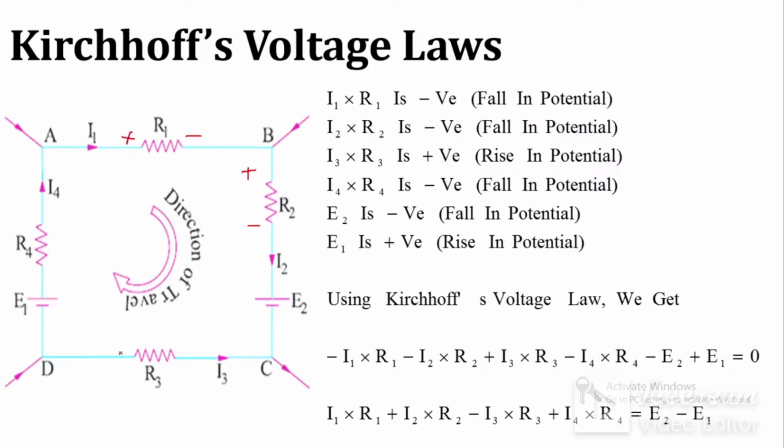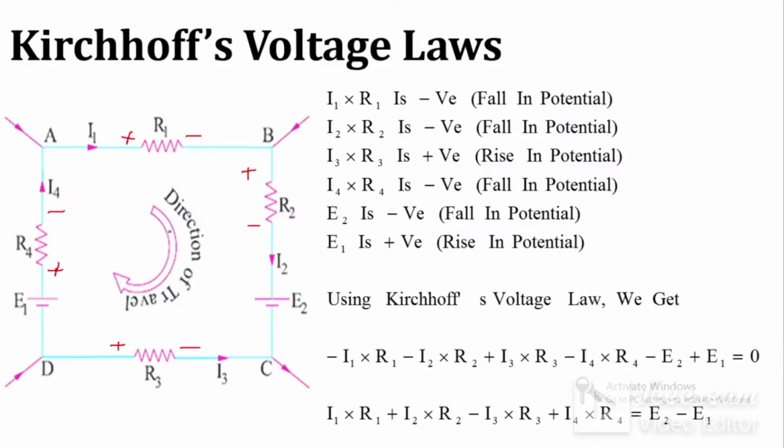This current I3 will enter R3 at this point and leave R3 at this point, so I will mark as negative. Now this current I4 will enter at this point and leave at this point. So this is the way to mark out the points of R1, R2, R3 and R4.